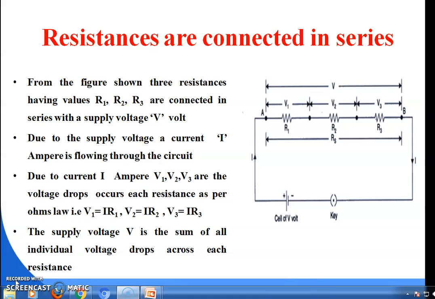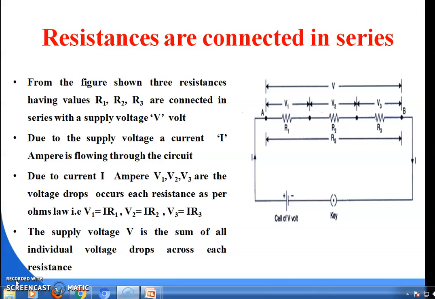So the supply voltage V is the sum of all individual voltage drops across each resistance. This is the main conclusion of resistances connected in series. Here voltage is divided, and in parallel connection current is divided.